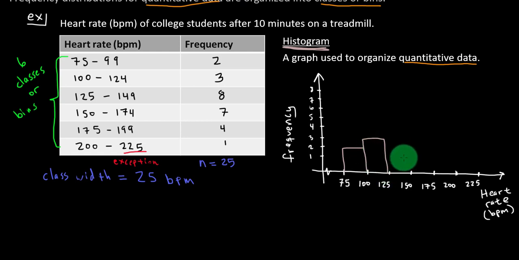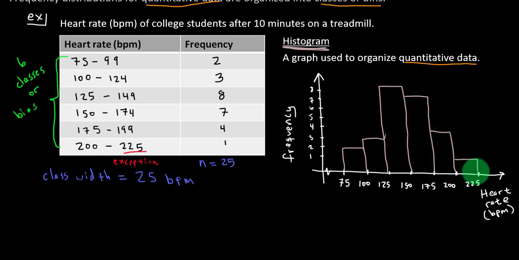So the bars do touch here. This next class needs to go all the way up to 8. And then 7, 4, 1. There is our beautiful looking histogram.